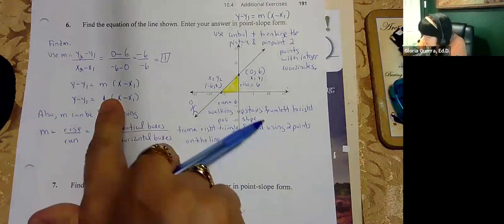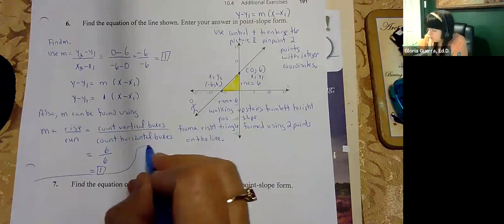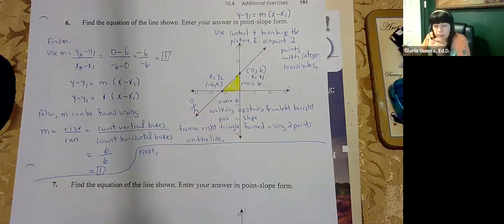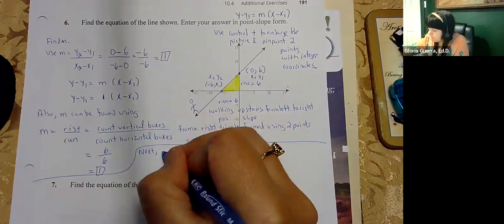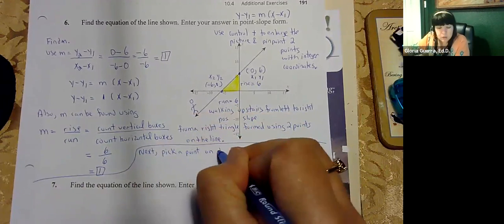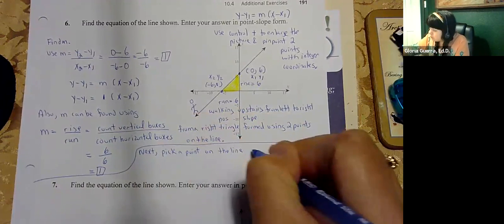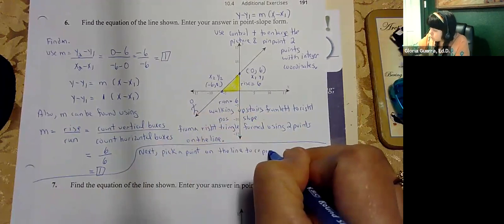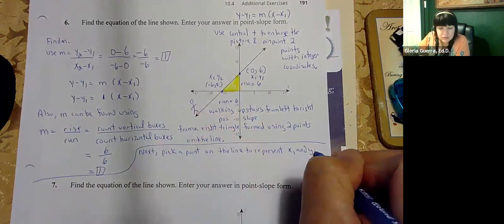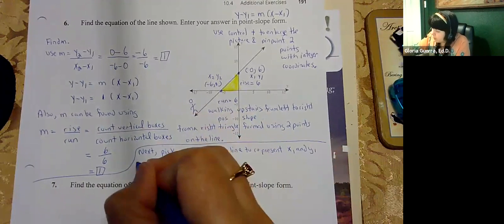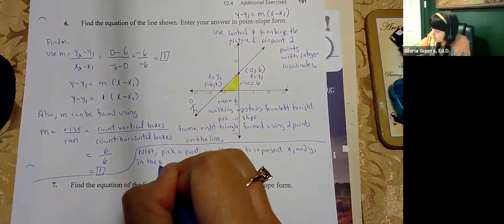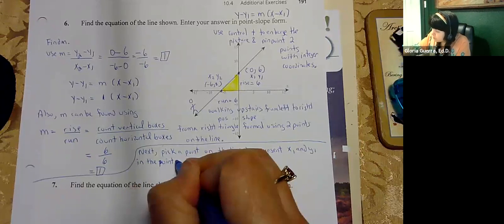So now what happens is, next, you just pick a point on the line to represent X sub 1 and Y sub 1 in the point slope form.